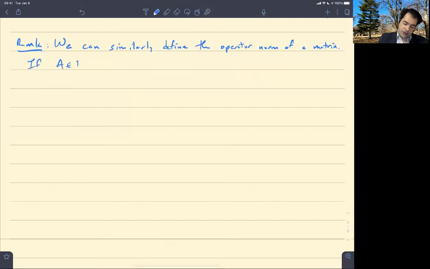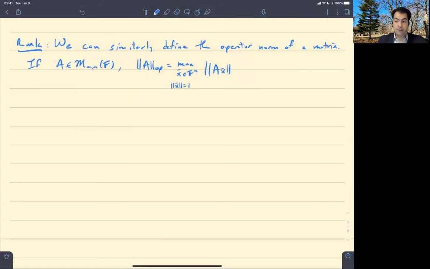If A is an m by n matrix with coefficients in F, then the operator norm of A is going to be the max among all of the vectors in F^n with unit length of the size of A times X.